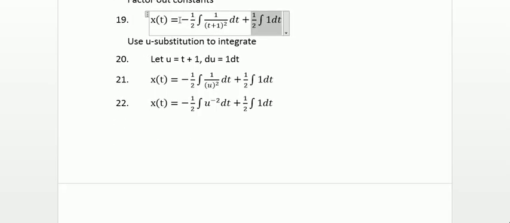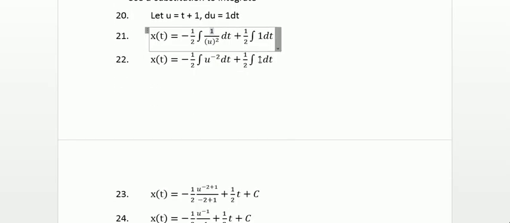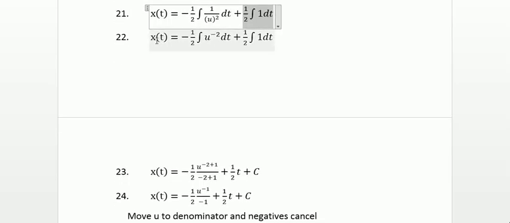So for the left side, you can use u substitution like you did in the first part. I set u equal to t plus 1, and du equal to 1 dt. And we don't have to do anything over here because we don't have to bother with that. So then I just did like I did in the first integration, and I moved the u up. I raised it to the negative power just to make it easier to integrate.